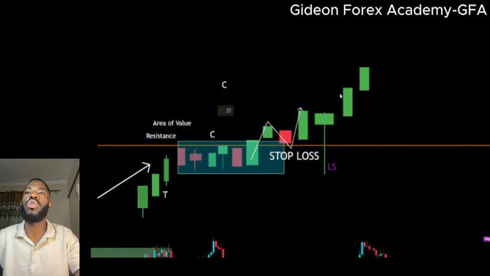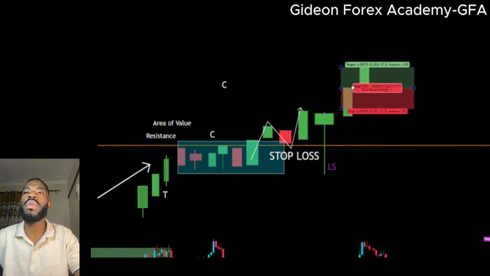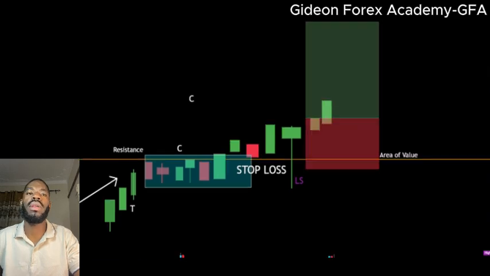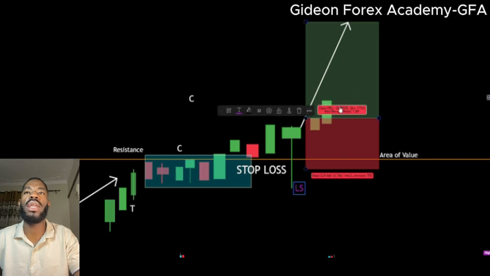So you would buy after this candle closes. You would buy probably there at the open of that candle, like in this case, from this point you'd buy all the way to the upside. So that is how you would trade this. Always wait for a liquidity sweep before you buy.